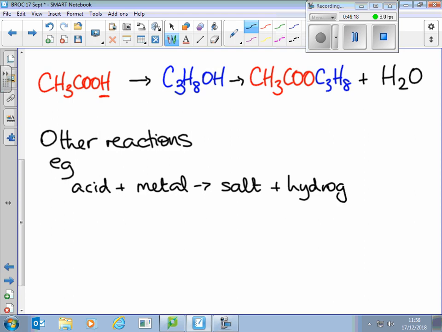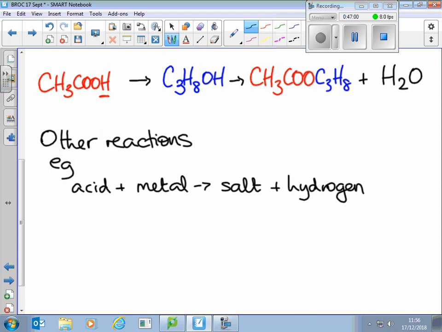And if you replace that propanol that I've got up there, let's say with magnesium, it would work out the same way. You'd put the magnesium after the name of the acid, although that's a bad example because the acetate ion has only a 1 minus, so you need 2 of them. But sodium, for example, let's say we had ethanoic acid plus sodium, you would get sodium ethanoate, which would be CH3COONa.